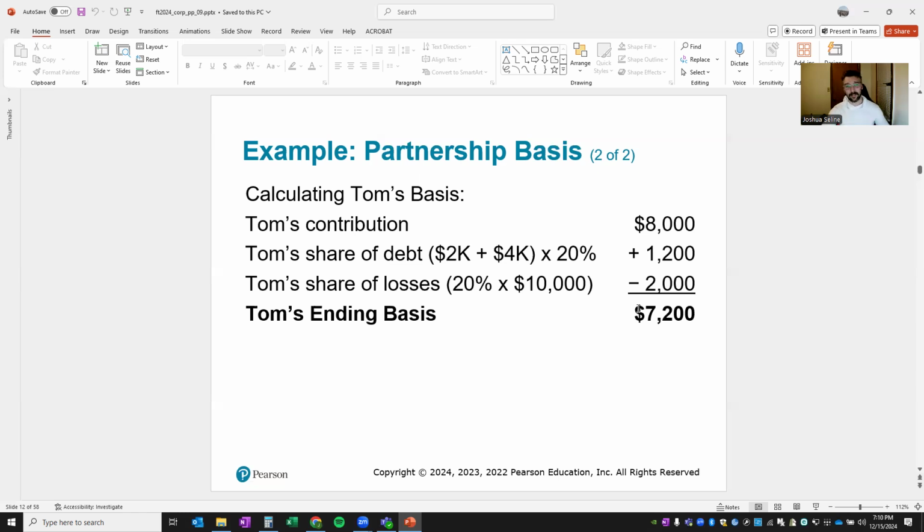You know, if Tom were to take a 5,000 distribution here, his ending basis would be 2,200, and he would get that 5,000 tax-free because it's a return of capital, right? His basis was 7,200. He took out 5,000, it decreases his basis, but not to zero. If he had taken out 10,000 in distributions, then he would have to recognize gain in excess of basis.